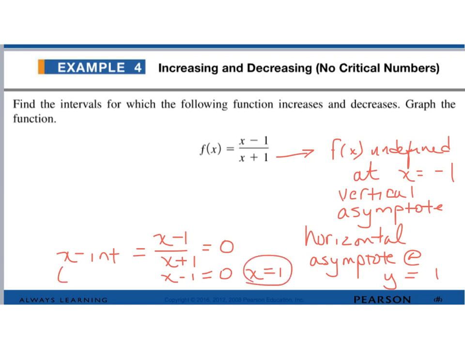So the x-intercept is 1, 0. And if you let x be 0 to find the y-intercept, you get -1 over 1, which is -1, and that gives you the point 0, -1. So we know a lot about the graph already.